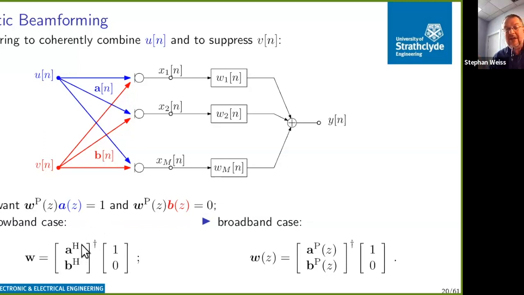But you can now do the same thing using these matrices of functions. So we have vectors A of Z and B of Z. And if you find a pseudo-inverse now for this formulation here, multiplying this pseudo-inverse with a vector of 1 and 0, then we get the desired set of filter transfer functions for this type of problem, right?